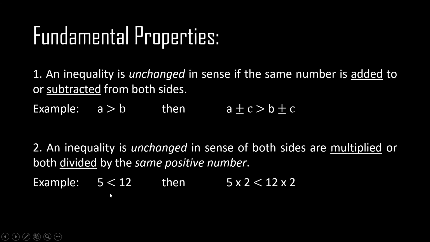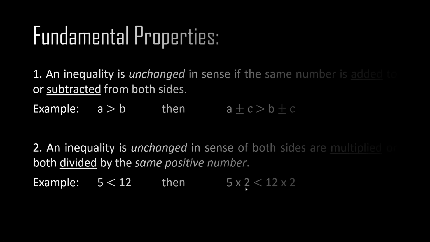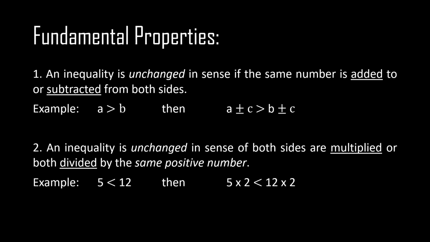If we multiply both sides by the same positive number, the condition being the same positive number, then the inequality sign will not change. For example, we multiply both sides by 2. 2 times 5 is 10, and 2 times 12 is 24. So 10 is less than 24.